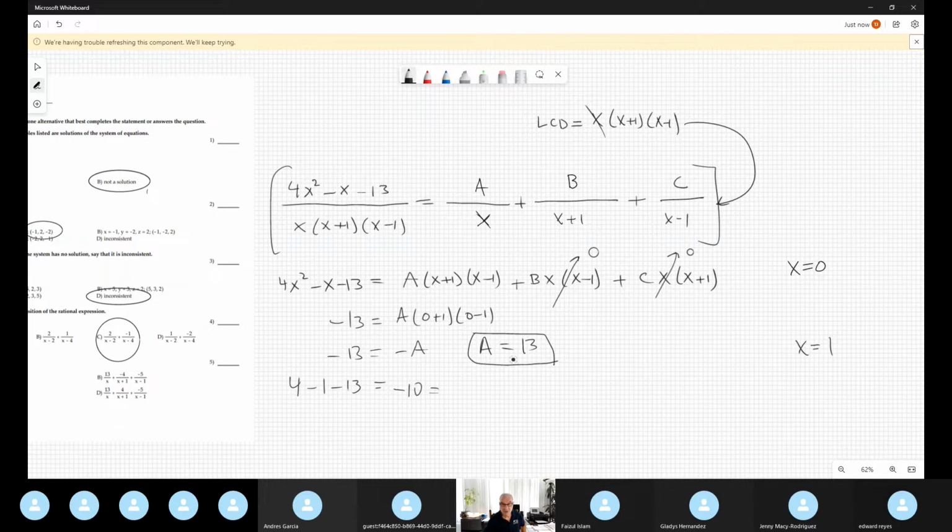This is equal to: this guy disappears, the 1 here disappears also, and c stays alive. So c times 1 times (1 plus 1), because x is 1. 1 plus 1 is 2, 2 times 1 is 2. So negative 10 equals 2c. Therefore c is negative 5. Boom.